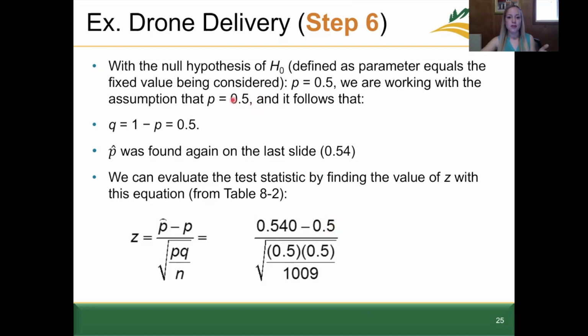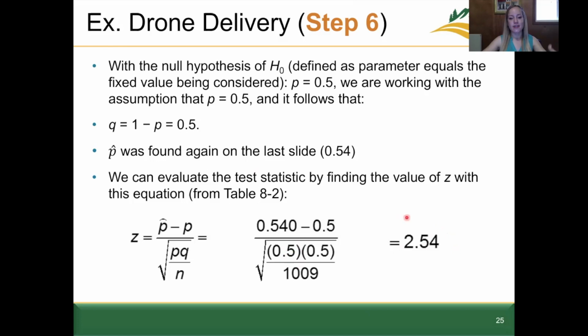Remember that we established our null hypothesis as p is equal to 0.5. Continuing plugging in what we know, we take the square root of p times q over n, so that's 0.5 times 0.5, all over n, the total number of samples, the total number of consumers. If we plug those values in, being really careful about what we're putting parentheses around, then we should get a value of 2.54.